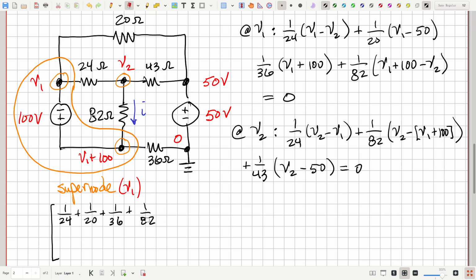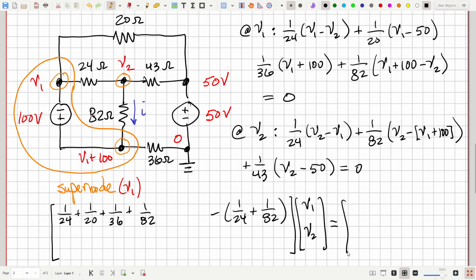The V2 terms, let's see, we're going to have minus 1 over 24 times V2, and minus 1 over 82 times V2. So minus the quantity 1 over 24 plus 1 over 82, times V2. All right, and then here are our unknowns, V1, V2.